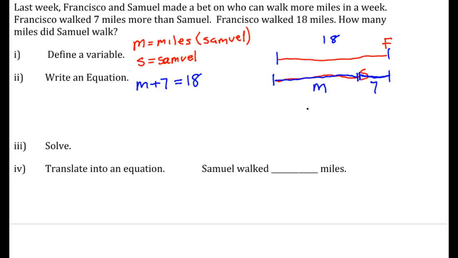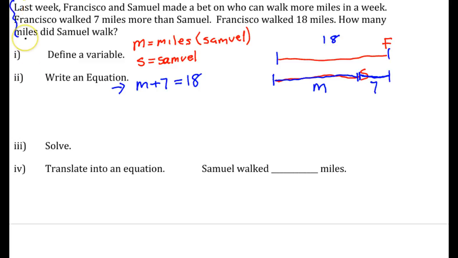A few things I had to figure out on my own. Samuel walked less than Francisco, or Francisco walked 7 miles more than Samuel. Either way, that means the same thing. A lot of words. Look how simple this is compared to all of this right here.